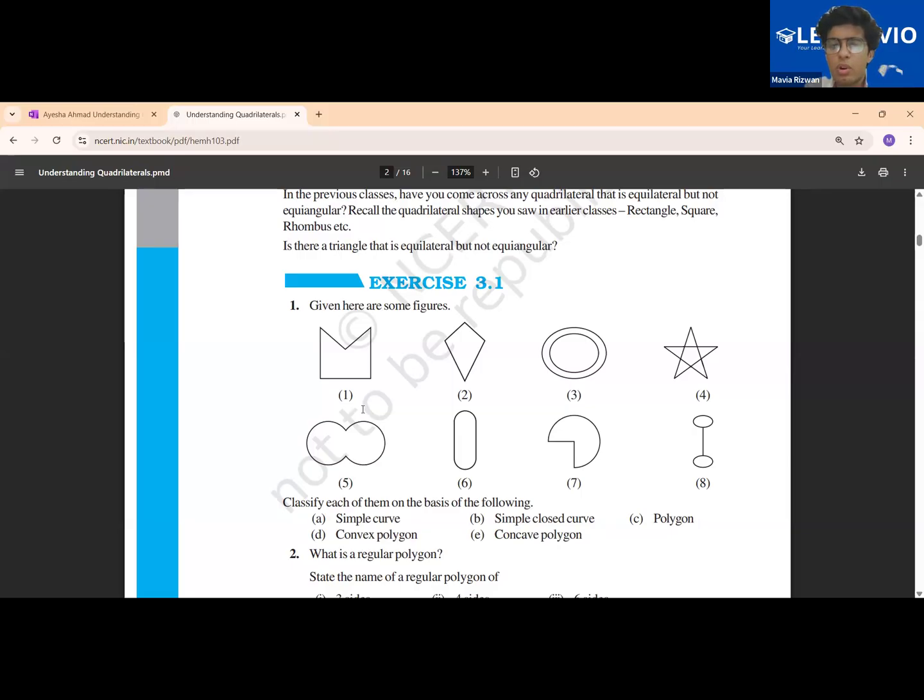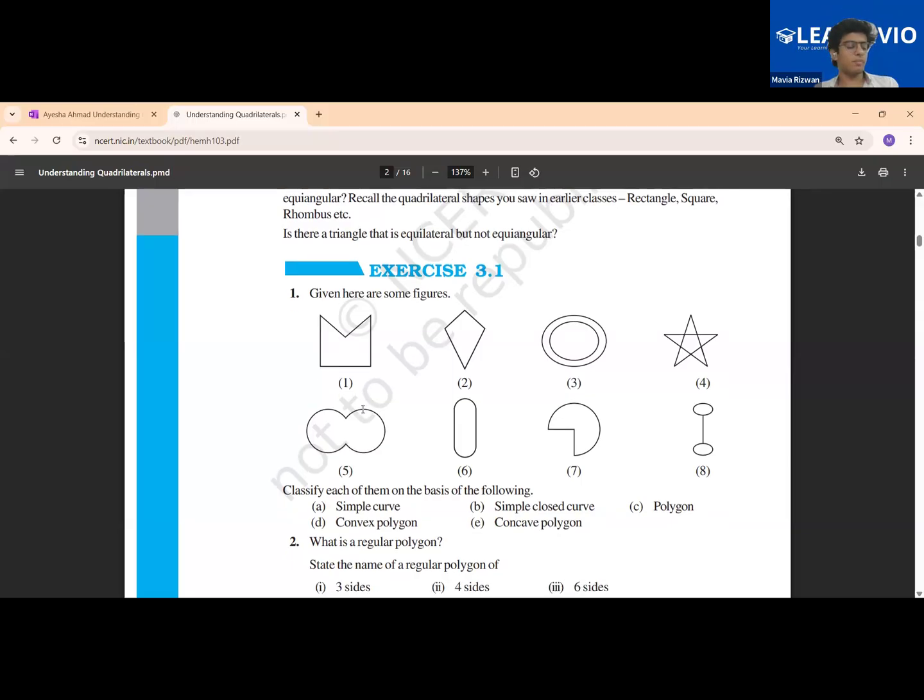Yes. What all are here are polygons? First, second, correct, and I don't see other one. Is fourth not a polygon? Which one, sir?